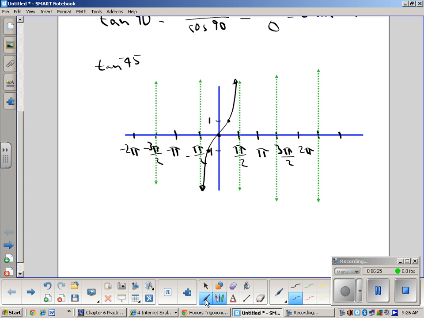We end up with an asymptote every pi units, and we're going to have a 0 in the middle, a 1 halfway in between, a negative 1 halfway in between, and so my graph is going to look like this.